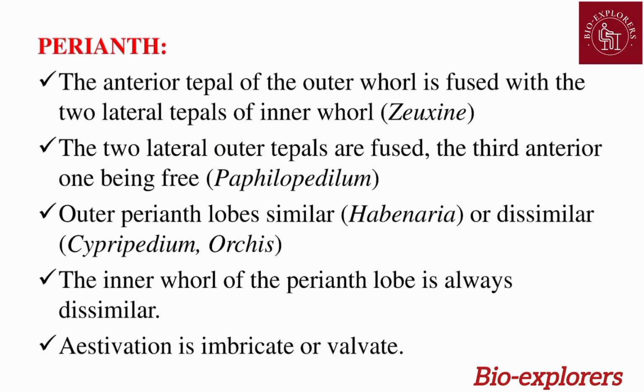In Habenaria species, the outer perianth lobes are similar, whereas in Cypripedium species and other orchid species, the outer perianth lobes are dissimilar. Whereas in all other orchid members, the inner whorl of perianth lobes is dissimilar in nature. The estivation is either imbricate or valvate.